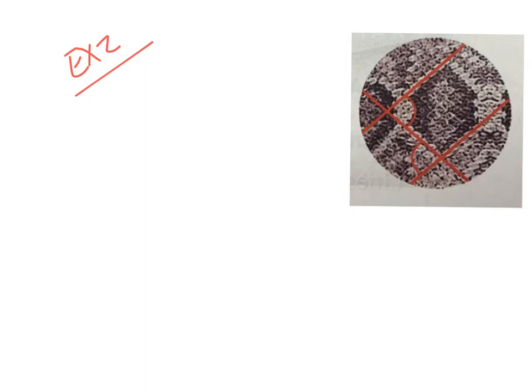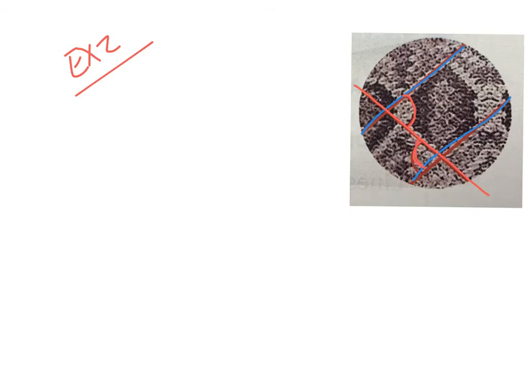You can see that we have two lines cut by a transversal, right? Because here's your two lines, and then your transversal cuts across it. You see that they have said that this angle equals this angle.